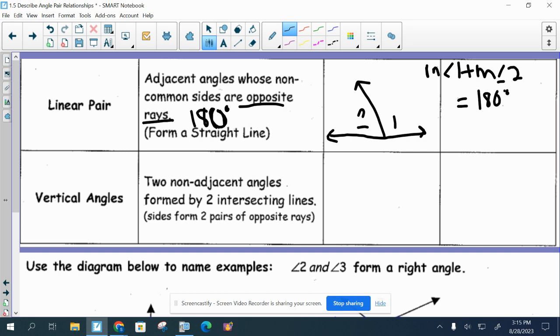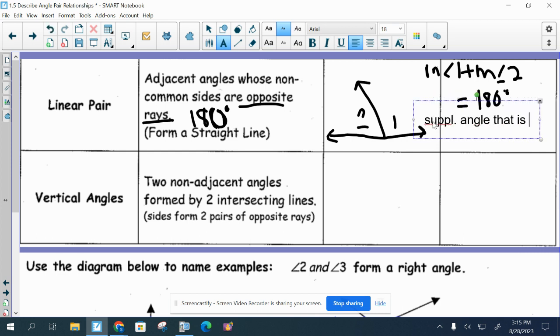So it's a supplementary angle that is adjacent. We'll write that in our notes: supplementary angle that is also adjacent. Not all supplementary angles are linear pairs, but all linear pairs are supplementary.